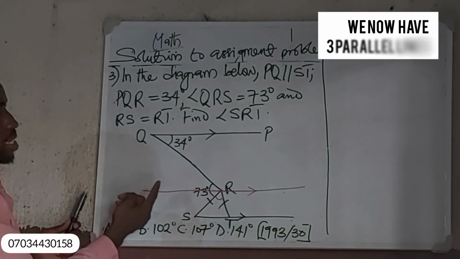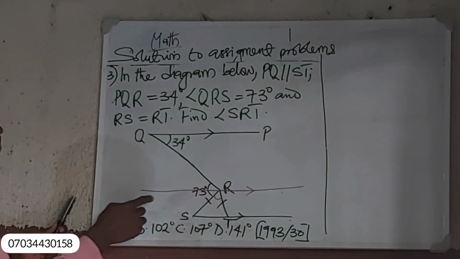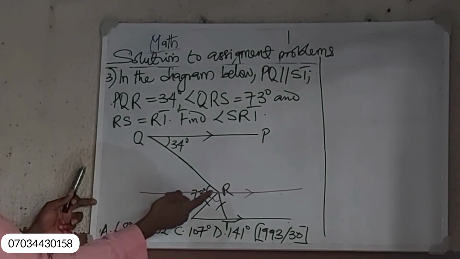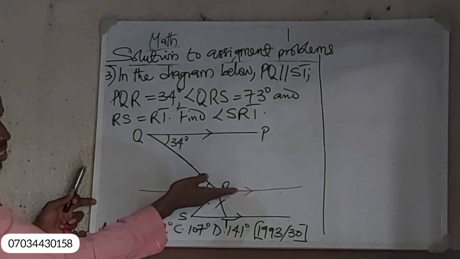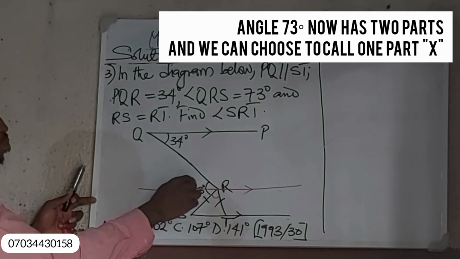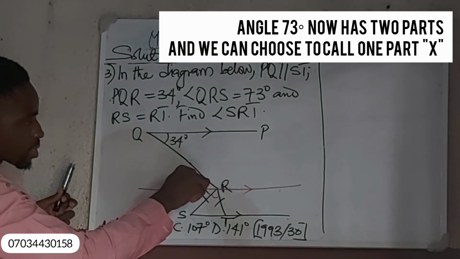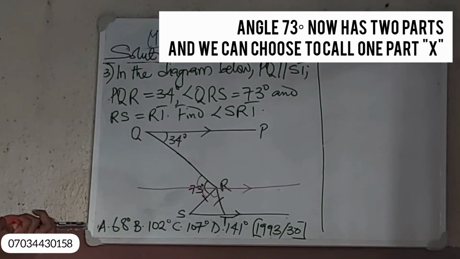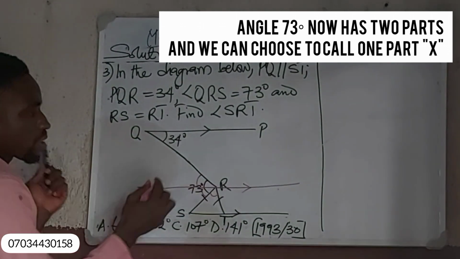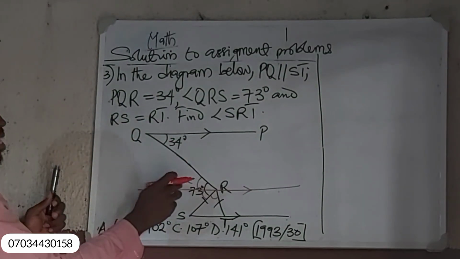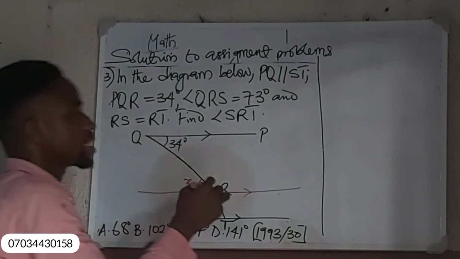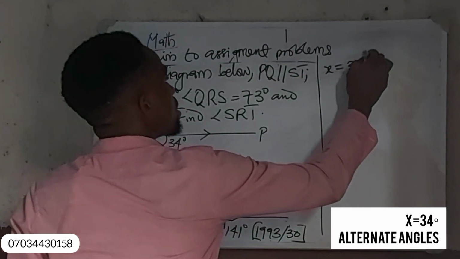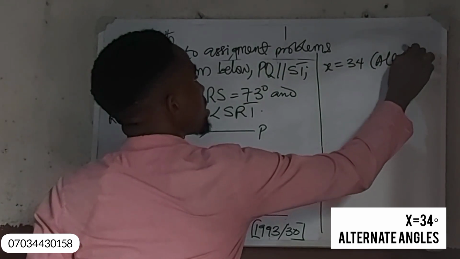And then since it has cut a portion of this, what is cut here slices this 73 into two parts, the part that is on top and the part below. So now this one, if I call this x, x alternates with 34, so we can say that x is 34 degrees. The reason is alternate angles.